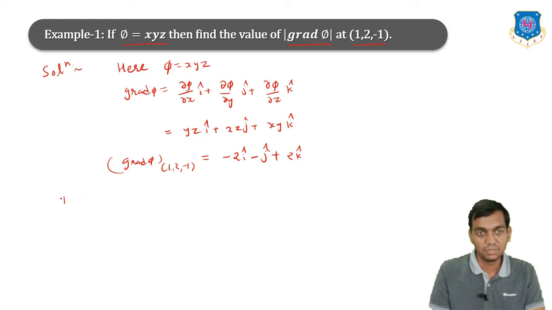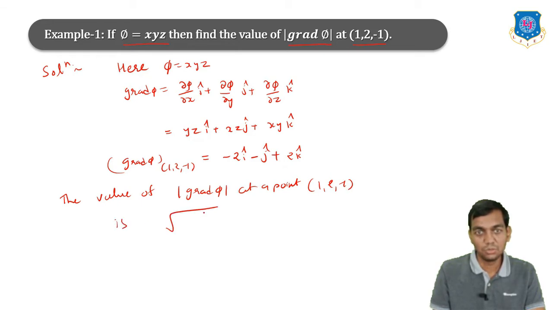And therefore, the value of mod grad phi at a point 1, 2, minus 1 is under root of minus 2 square plus minus 1 square plus 2 square, and that is equal to root of 4 plus 1 plus 4, that is root of 9, which is 3. Okay.